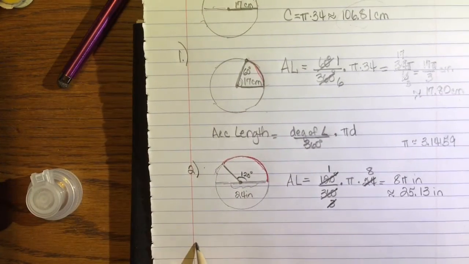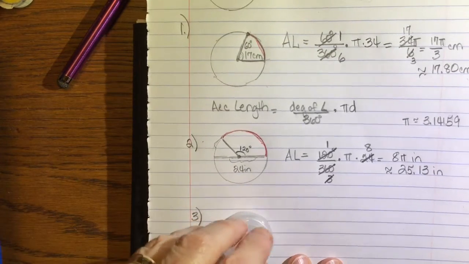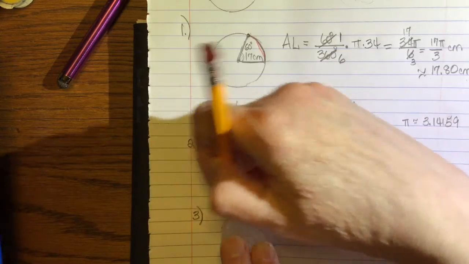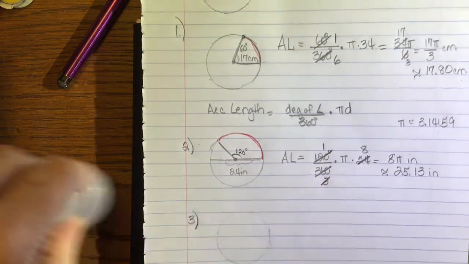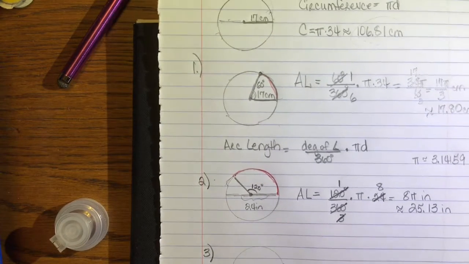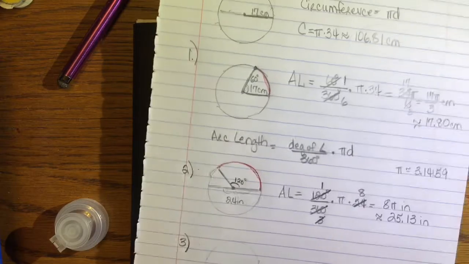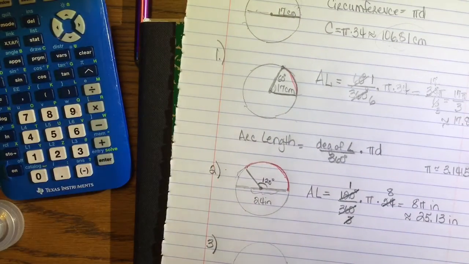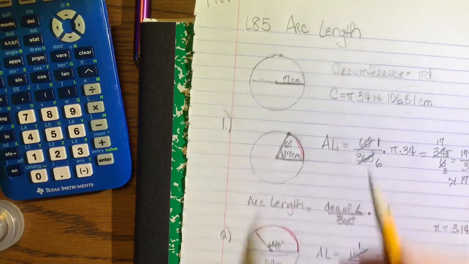Okay, let's do one more, because you may see something in these you've not seen before. You may see an angle that's more than 180 degrees. Let's do our angle at, I want to see how they're drawing these. They're actually putting little arrows in here and showing what your angles are.